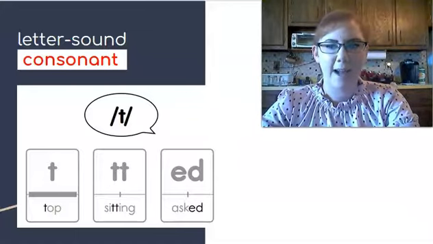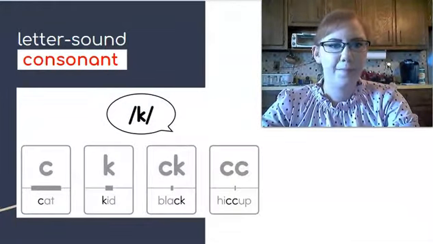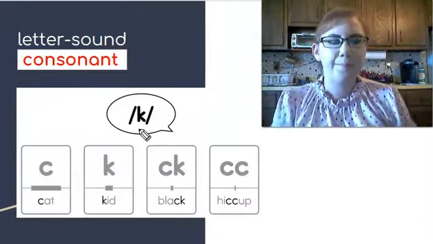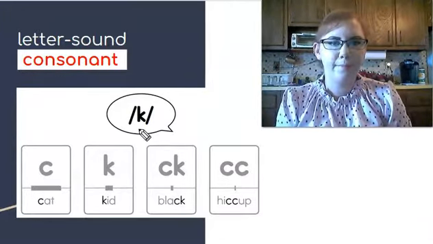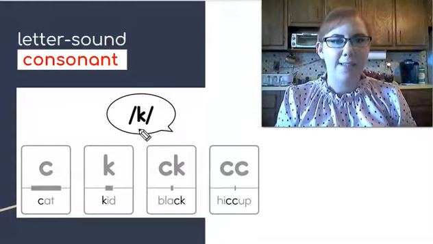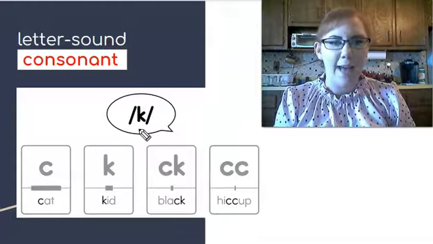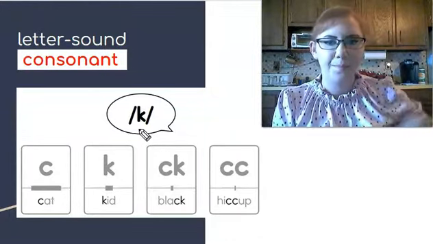Let's look at our next consonant. What sound do we have here? We have the sound K. What letter is this showing us?